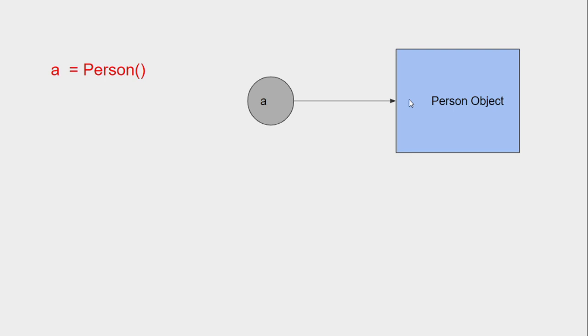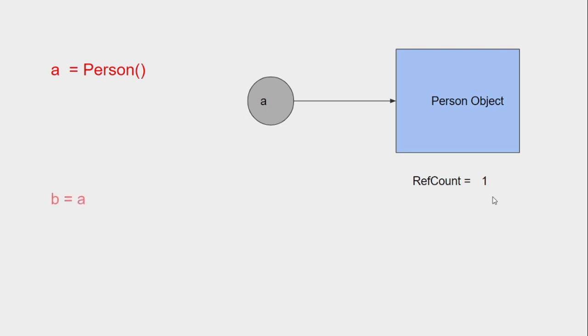As we saw in the previous diagram on variable memory references, variables are nothing but memory references. So in this way, a is referencing this Person object. Now the ref count, or reference count, is 1. Why? Because only a is referencing this object.